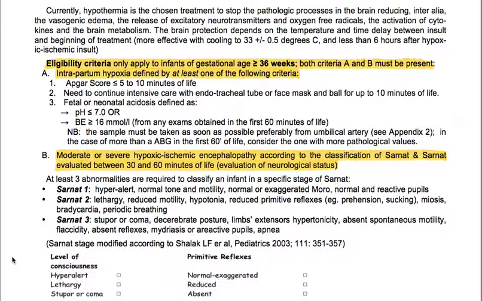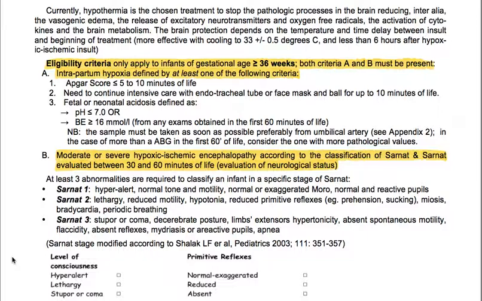Eligibility criteria only apply to infants of gestational age of more than 36 weeks, but criteria A and B must be present. Criterion A: intrapartum hypoxia, defined by at least one of the following: Apgar score less than 5 at 10 minutes of life, need to continue intensive care with endotracheal tube or face mask and bag for up to 10 minutes of life, or fetal or neonatal acidosis, defined as pH less than 7 or BE more than 16 millimoles per liter for any exam obtained in the first 60 minutes of life.